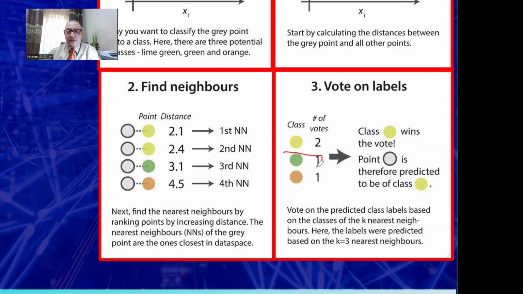If we continue, we find that the green has 1 vote, and so forth. We may continue until we reach all the points. However, we don't need to include all the values. It depends on the value of k. What is the value of k that we want to select in this situation?